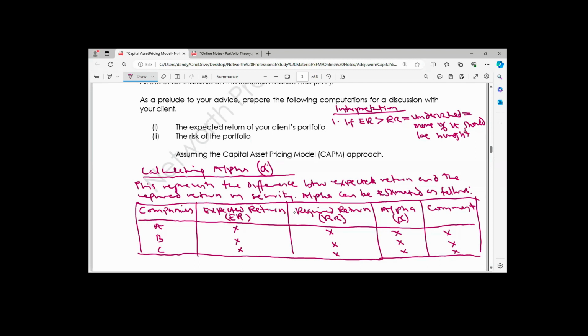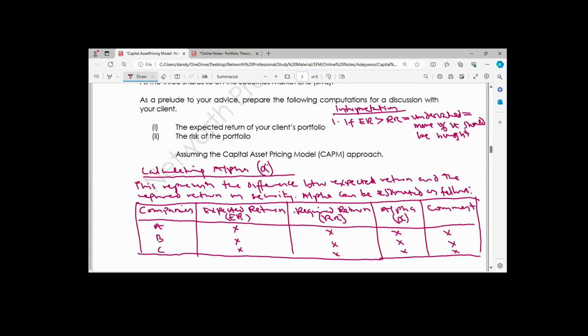This is because the security is being traded below the intrinsic value. So once the security is undervalued, you need to buy more so that when the price increases in the future, you just dispose of it to make more money.